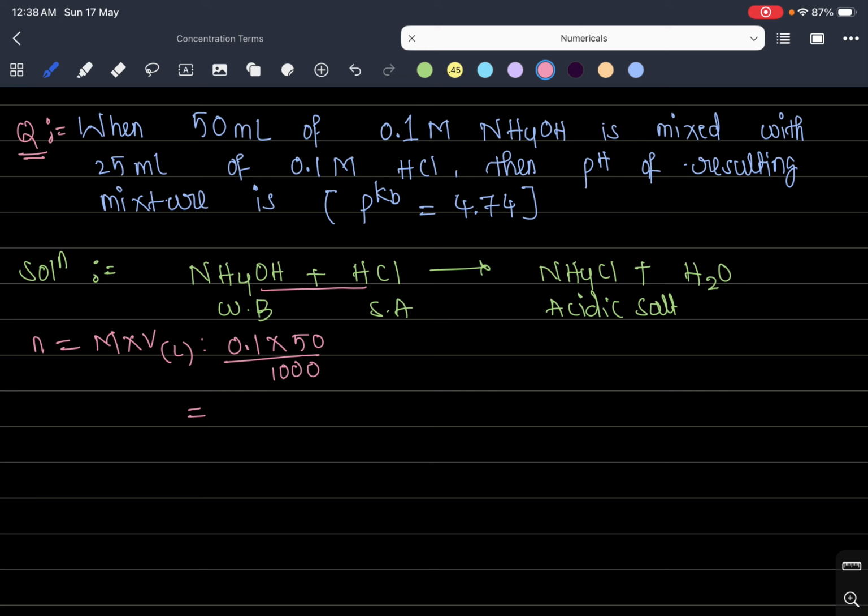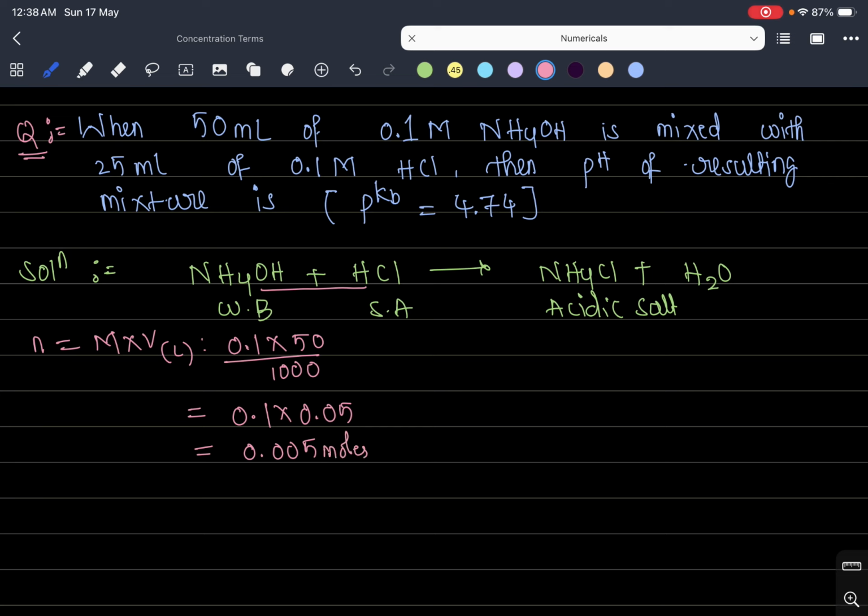If I substitute, 0.1 into 0.05, the final value you end up getting is 0.005. So this many moles of base.